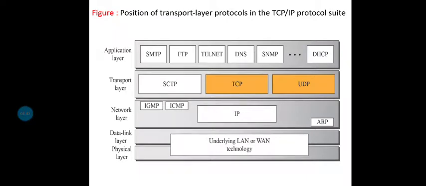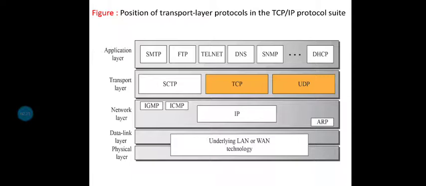It comprises 5 different layers: physical layer, data link layer, network layer, transport layer and application layer. We are now in the fourth layer from bottom to top. We already discussed what the transport layer is, so we are now discussing which protocols are used by the transport layer.